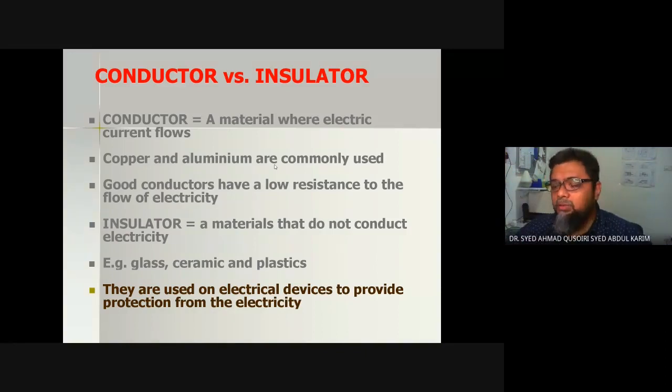So seramik pun insulator, dia tahan kabel, tapi dia mudah pecah. Okay? Sama juga dengan glass. Dia ada kesesuaian dia lah. And then they are used on electrical device to provide protection.